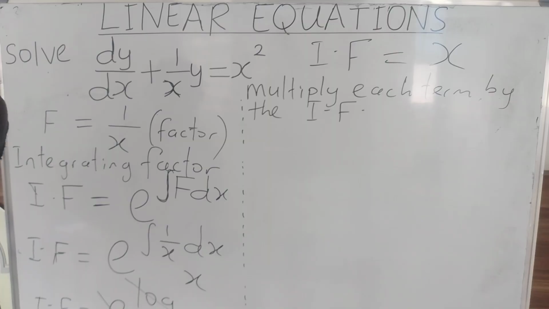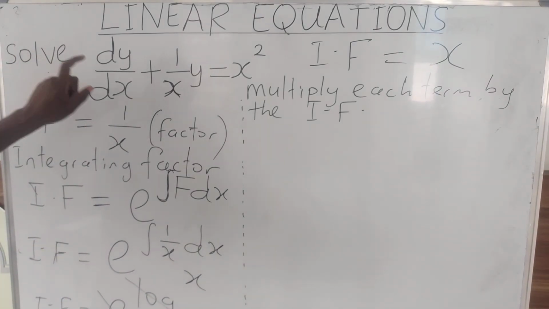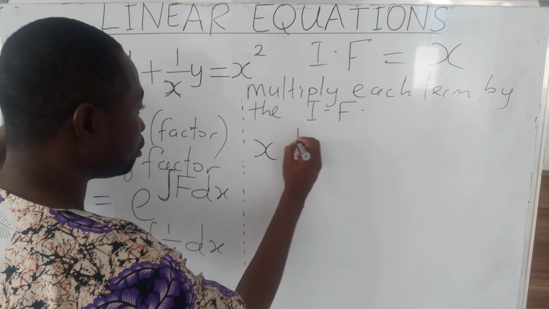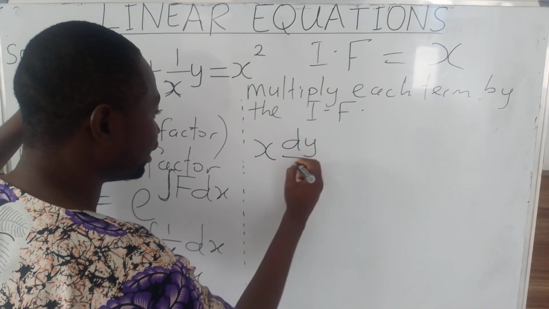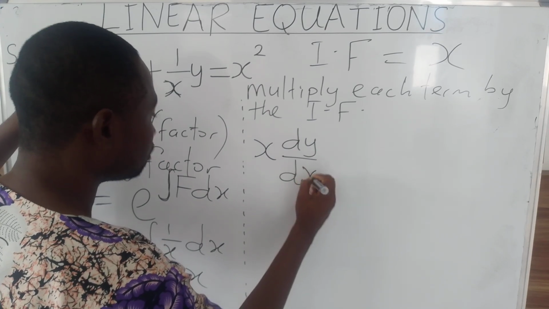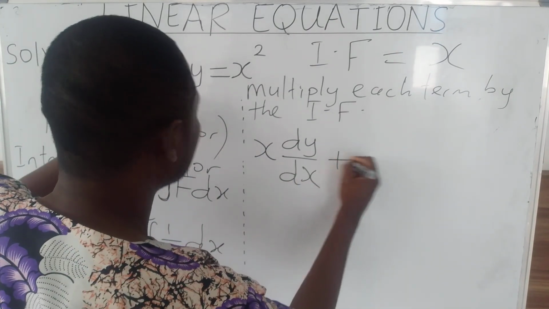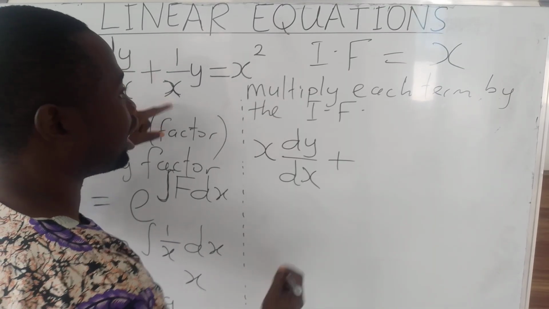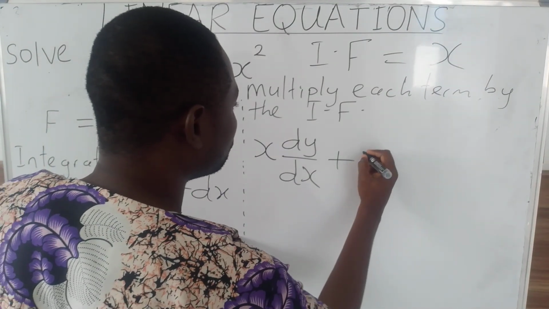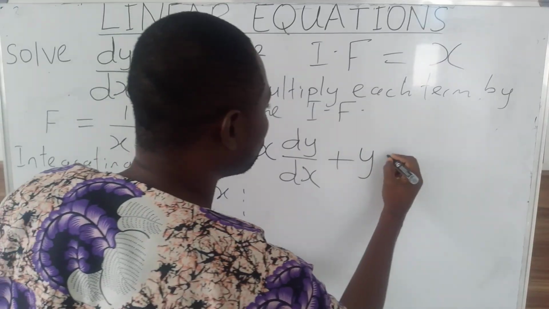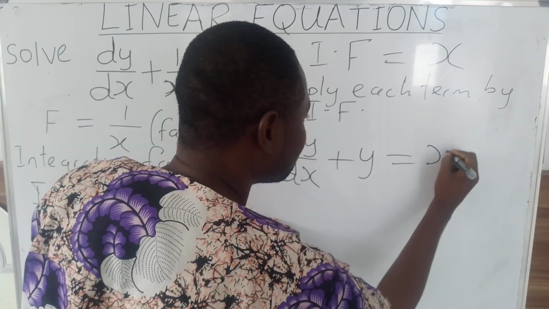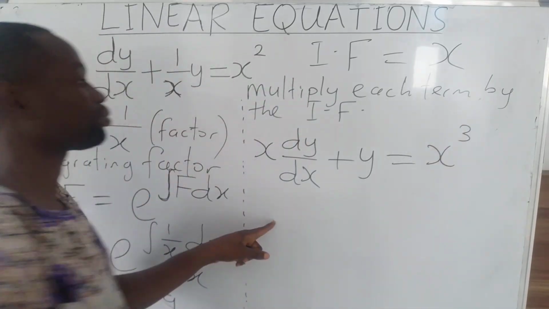So we are going to have x dy/dx plus 1 over x times x, that will give me just y, is equal to x squared times x, that will give me x cubed.